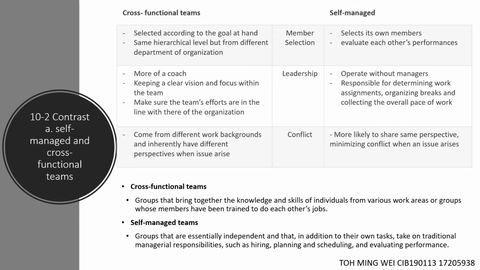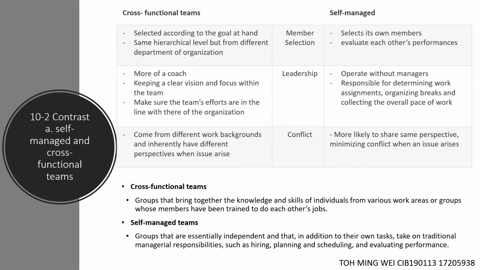A leader in a cross-functional team is more of a coach. She is in charge of keeping a clear vision and focus within the team and making sure the team's efforts are in line with those of the organization.